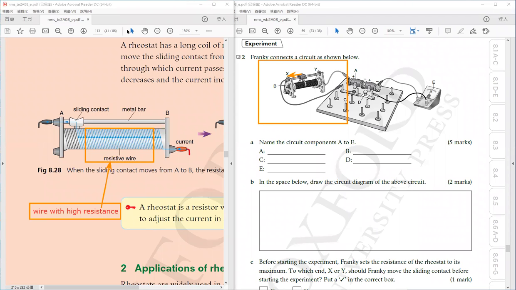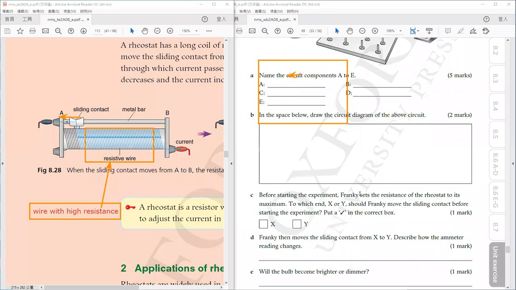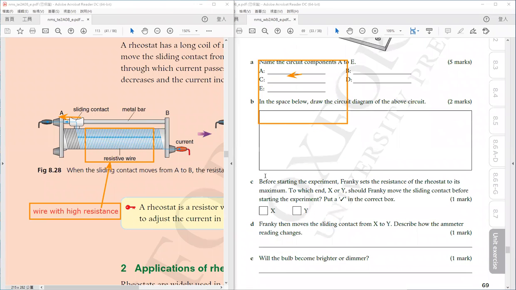Just like the sliding contact here, when it's moved towards the left-hand side, the total resistance is always high. So in this part you should take X.